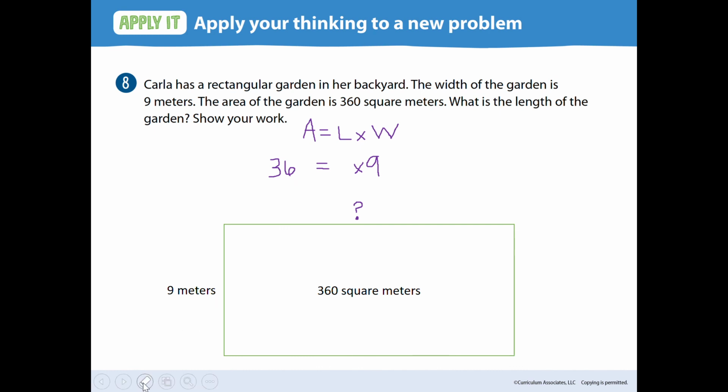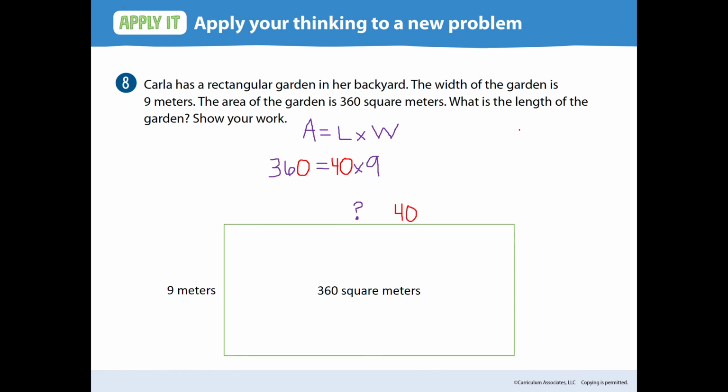So I know that if I put my width here, so there I have 36 equals 4 times 9. But I remember I still have that 0 in my back pocket that I'm saving for later. So I'm going to bring that out now, and I'm going to stick that 0 back on because we can't completely forget about it. So 360 equals 40 times 9. So the length of our garden in the backyard is actually 40 meters.